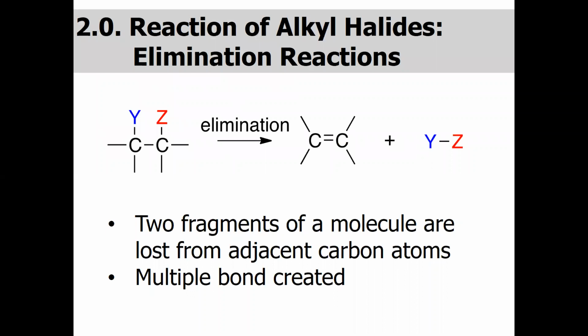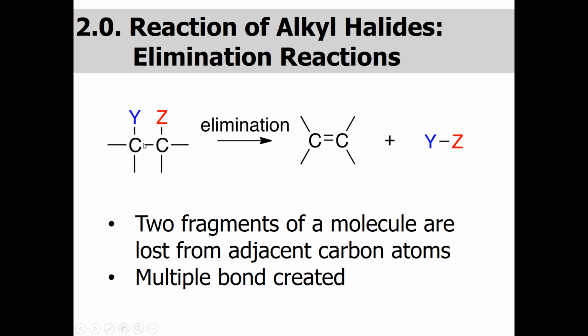So let's begin. First, we should try to understand what an elimination reaction is. It is a general reaction. I'm not writing the alkyl halide here. I'm just showing you how elimination occurs. Elimination reaction always occurs with adjacent carbon atoms.